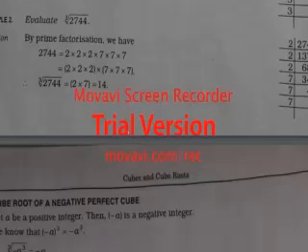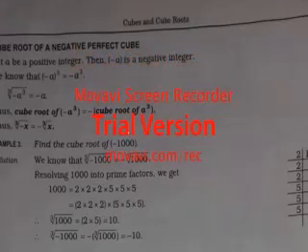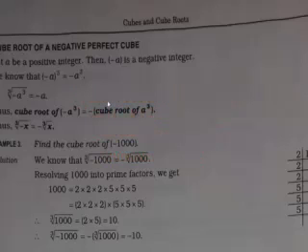Now if you will see page number 67, here is also the cube root of a negative perfect cube. If you remember the note I had given, the cube root of a negative number is negative only, and the cube of a negative number is also negative only. So you can see here it has been said, let a be a positive integer, then minus a is a negative integer.